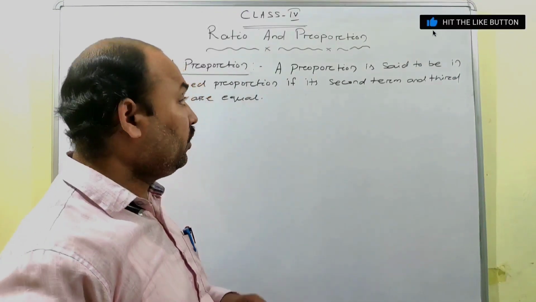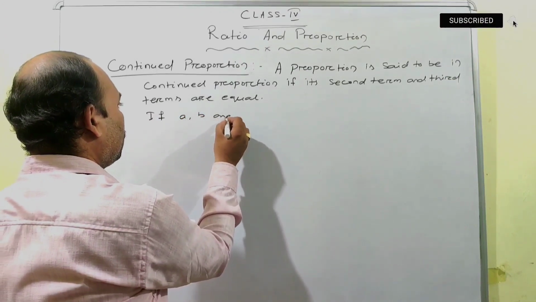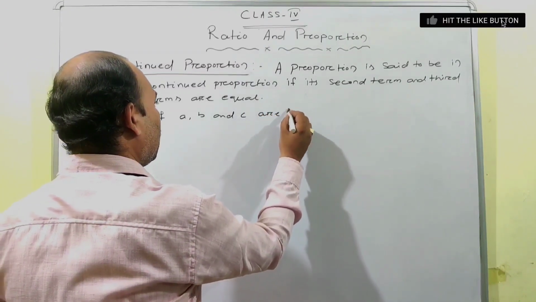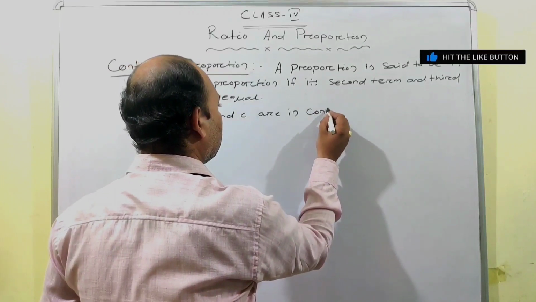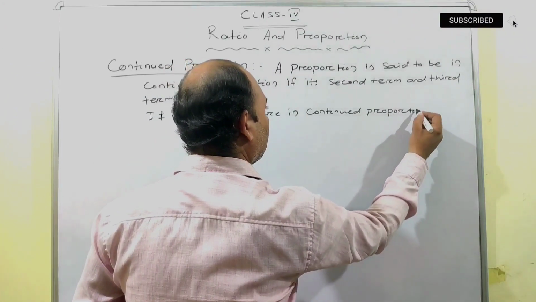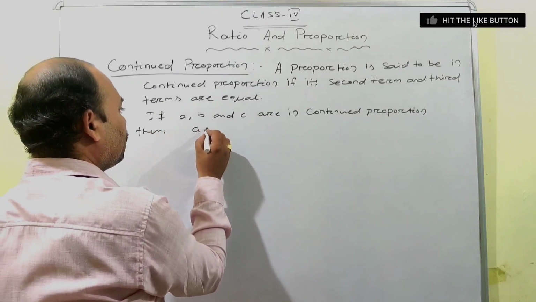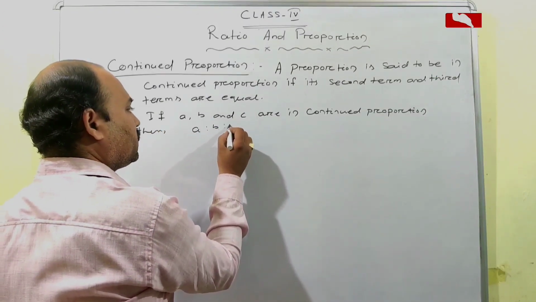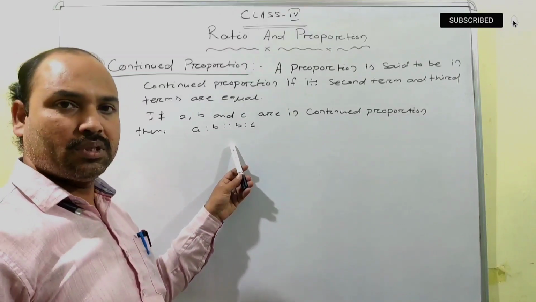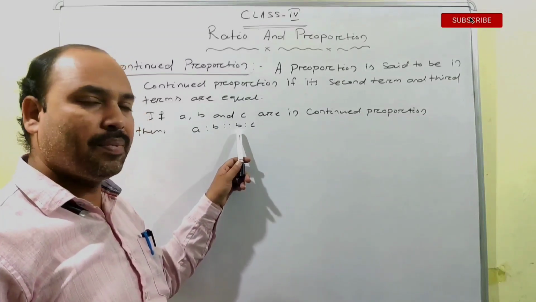It means if A, B and C are in continuous proportion, then we write A is to B such as B is to C. Here B is repeated 2 times, the first B for the second term and the second B for the third term.